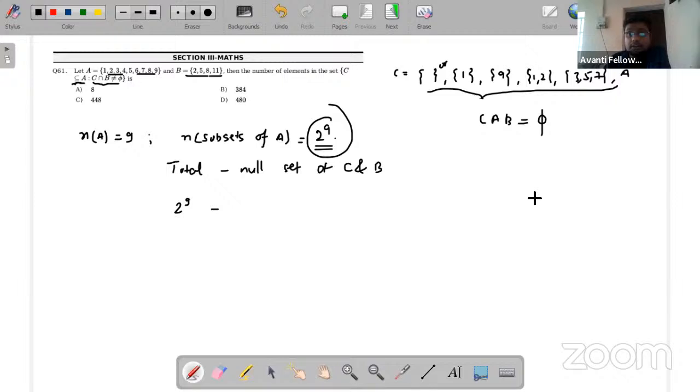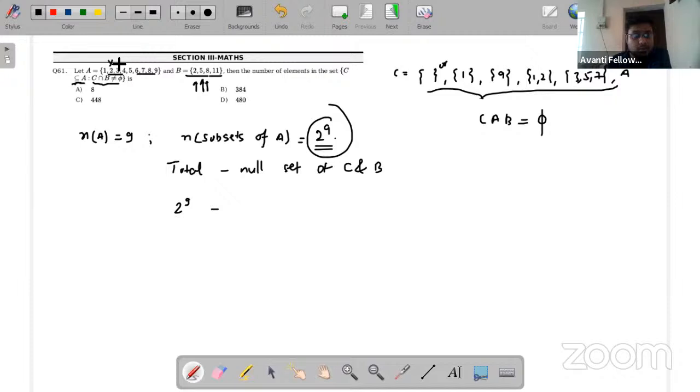So what we do, we will remove all those elements which are common to A, because eventually we are taking elements from A and then intersecting with B, and it should be a null set. So we'll remove all the common elements. The common elements here are 2, 5 and 8, if you see.